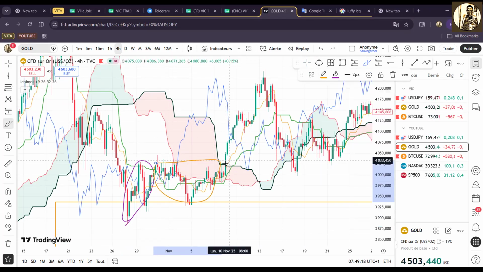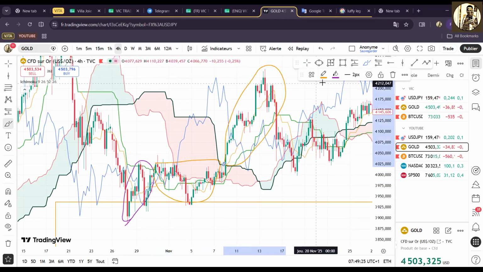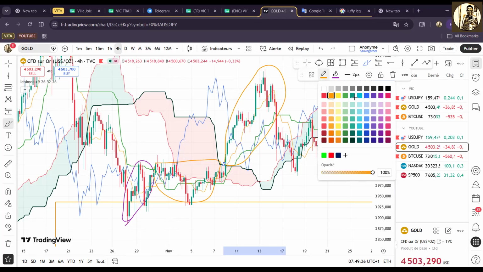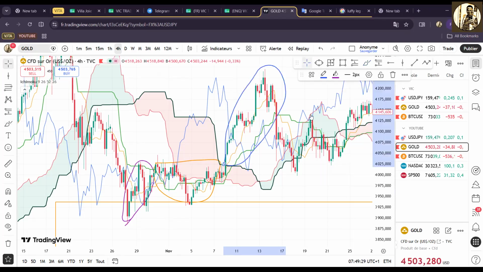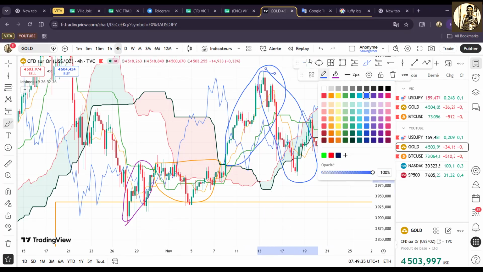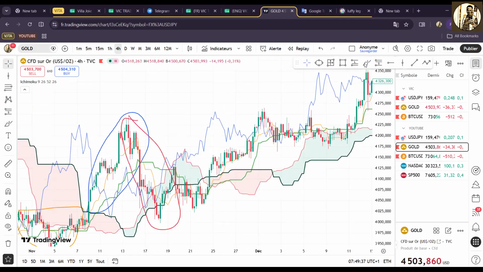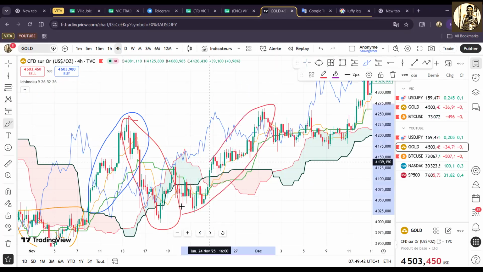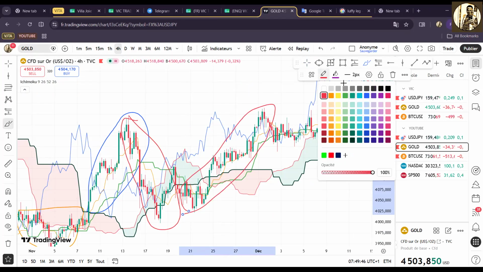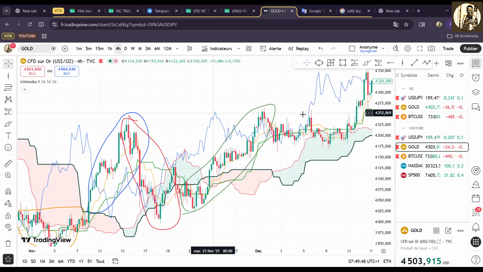Then there is no transition cycle there, but we handle that. This is the new trend cycle. Then this one will be the deep correction cycle, and then this other one will be the push trend.